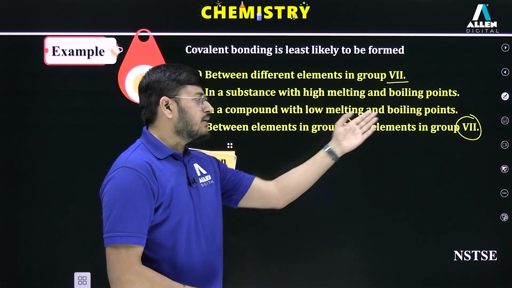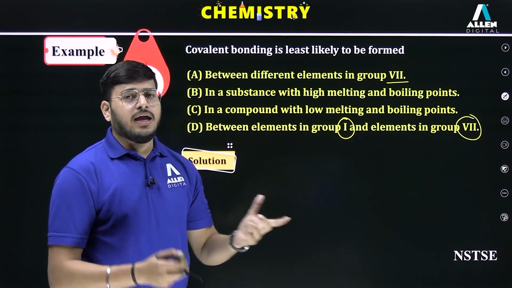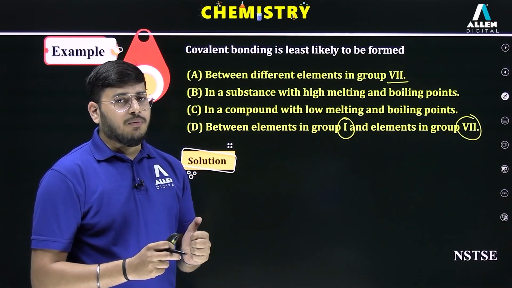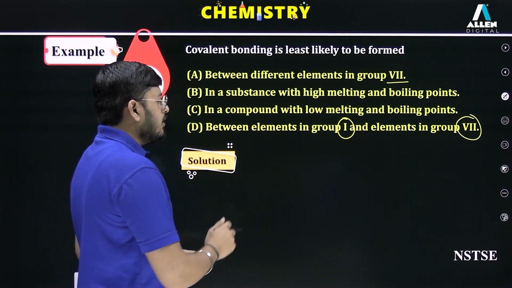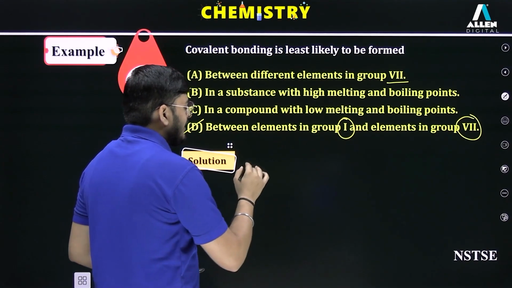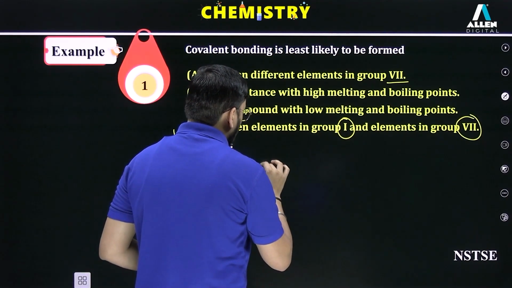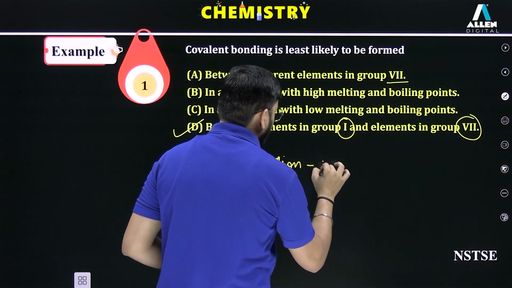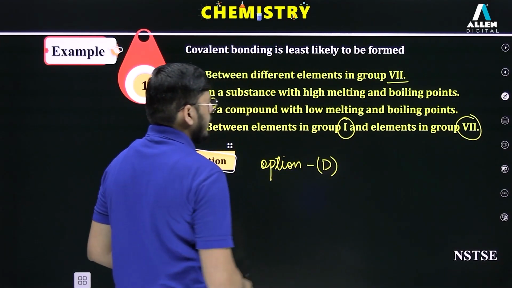These are metals, these are halogens, so they combine by forming the ionic bond. So option D is the answer over here.